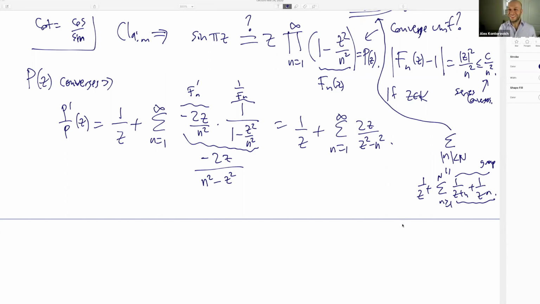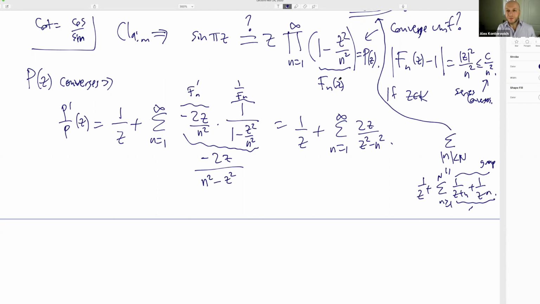Burchin? Are we missing a z on the right-hand side when we took the derivative over the function? Sorry, say that again? Are we missing a z in front of this sum? Yeah, I could have pulled the z out. Is that what you mean?